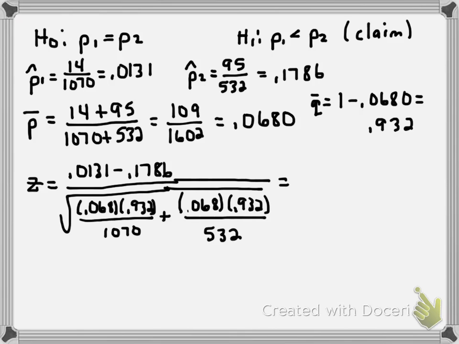Working that out, remember you should round Z to 2 decimal places, so you should get negative 12.73.